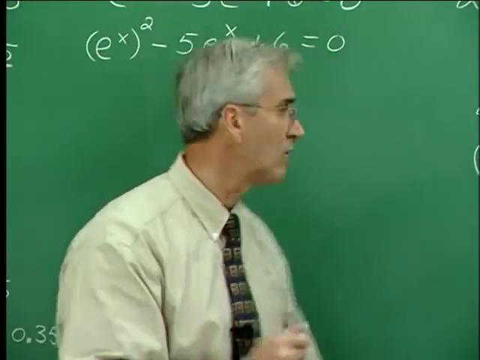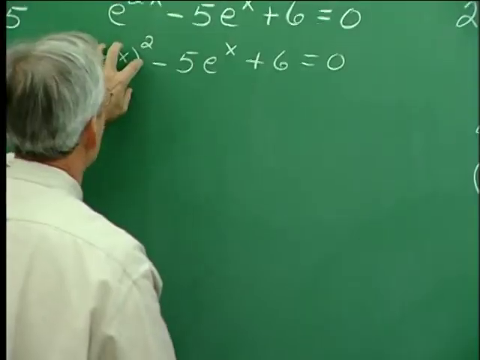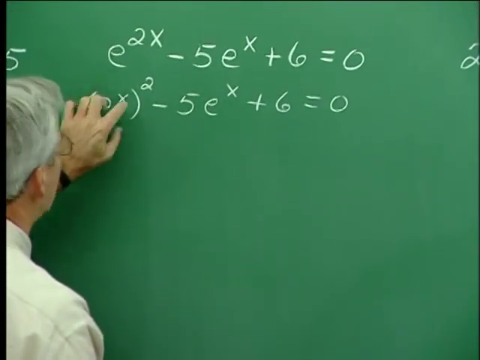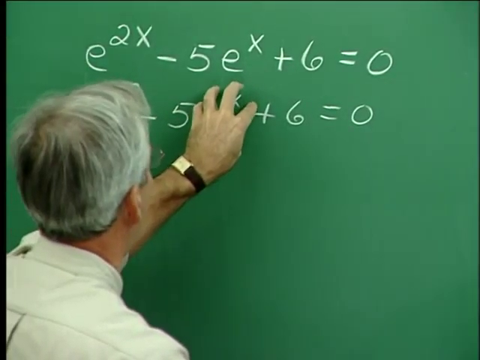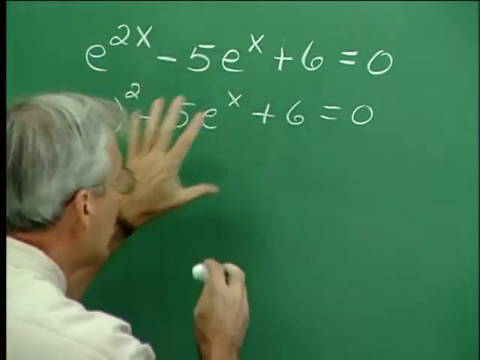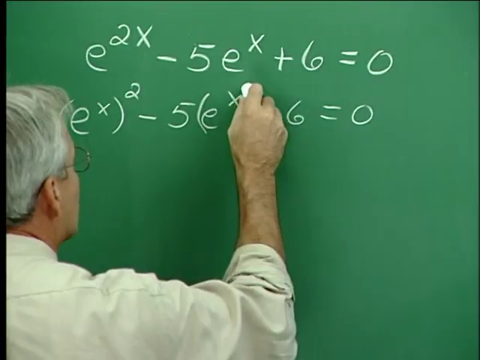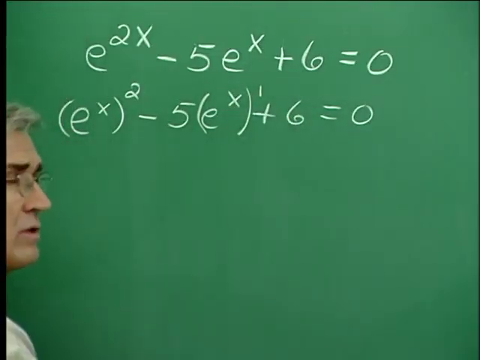Well, we have that here. We have some variable quantity squared, and that same variable quantity here to the first degree. I can emphasize it further by doing this, if we want to see it that way.